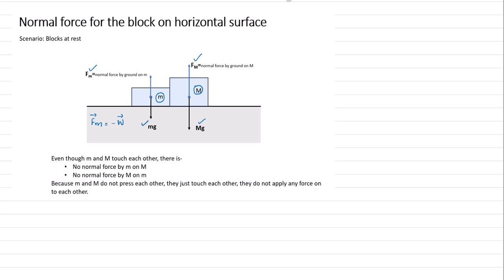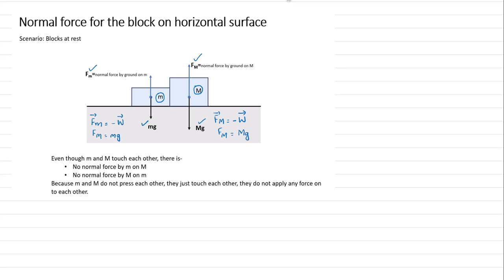In terms of the magnitude, Fm will be equal to mg. And using the same logic on the right hand side for the bigger object, Fm will be equal to negative weight. In terms of the magnitude, Fm will be equal to M times g.